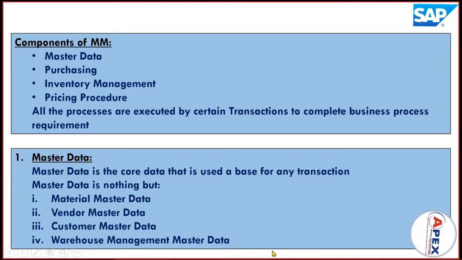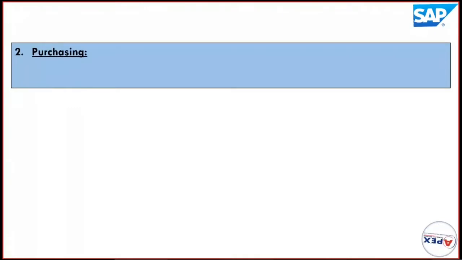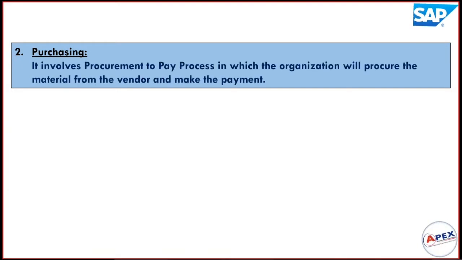Okay, fine. So next we'll see what is purchasing. I hope all of you know purchasing is nothing but it involves the procure to pay process. Okay, procure to pay means procuring the material from the vendor and paying the amount to the vendor.